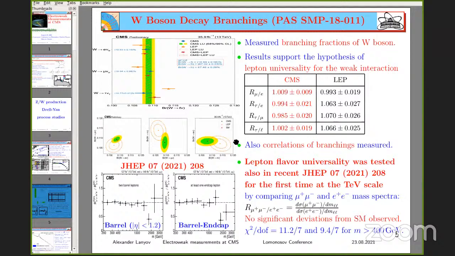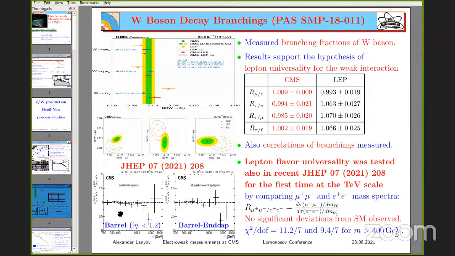And I included in this slide also a new interesting result for lepton flavor universality, which was tested also in the recent paper published in the Journal of High Energy Physics for the first time at the TeV scale.